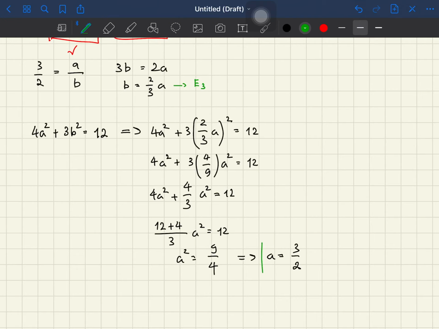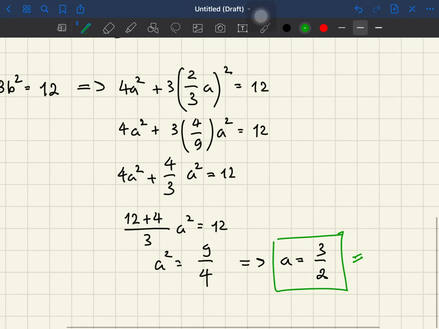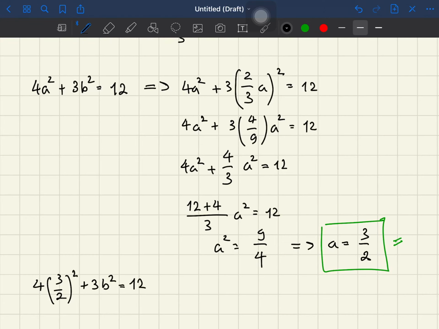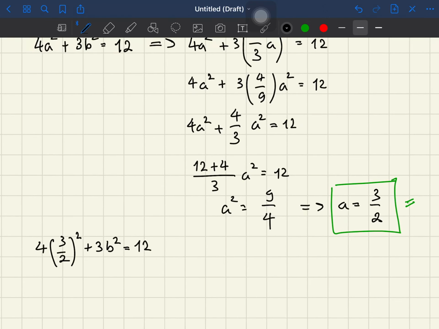So it must be 3/2 because it is in the first quadrant, so it must be positive. And then for B, we just substitute A equals 3/2, and then you will get this equation. And hence you will have 3B squared equals 3, if not mistaken.